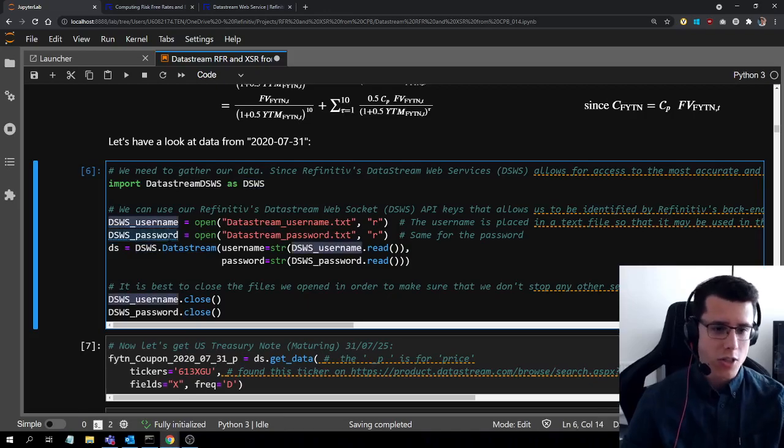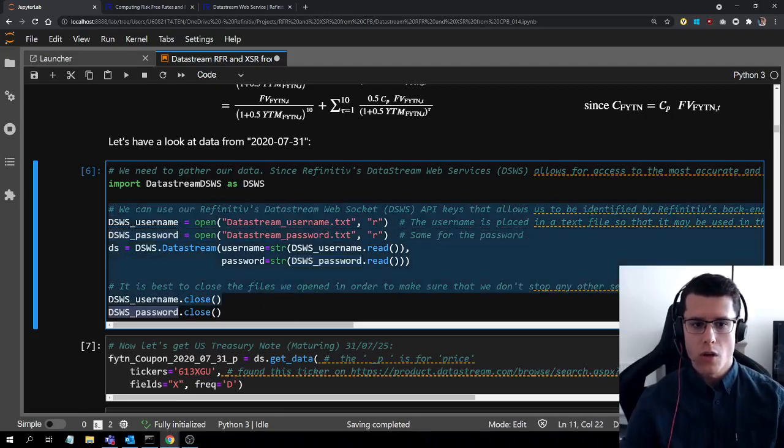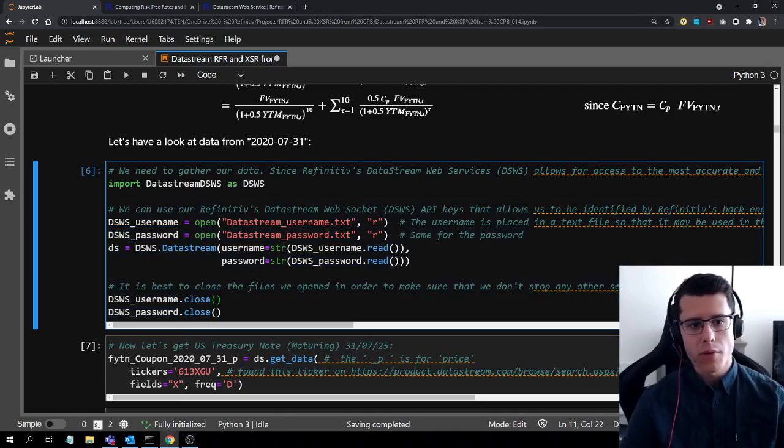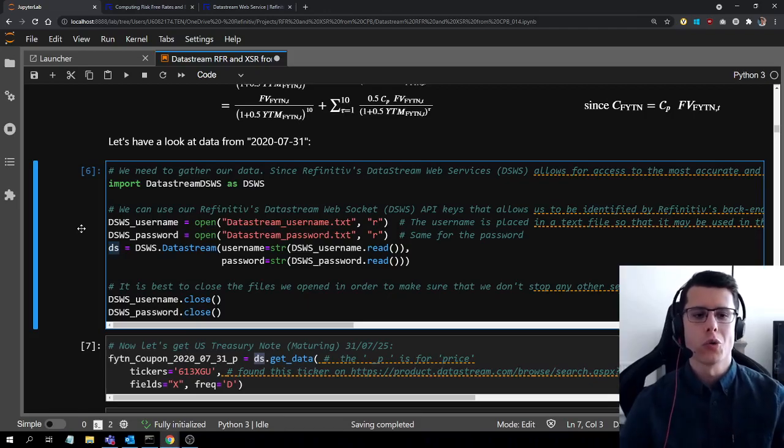Now, obviously, I don't want to share this on Twitch, so I've just put it in a file alongside the one I've got here, and that's what this code does. It just makes sure that I don't have to show all of my credentials to everyone. And once I'm authenticated to the API, I package everything into this one Python object called DS. I've just called it DS because this is very quick to type, just two letters.